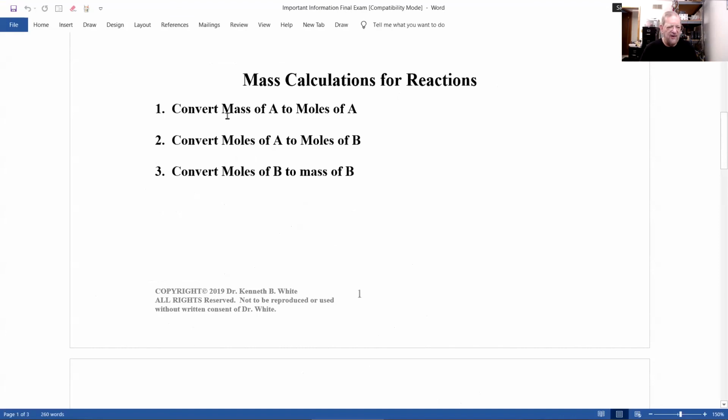And therefore, you convert mass of A to moles of A. Whatever you're given in grams, you convert to moles. Second step, whatever you just converted to moles of that compound, you convert to moles of what you're trying to solve, in this case, moles of B. And the last step, because you're trying to find grams of B, you convert moles of B to grams of B. So let's look how that's done.